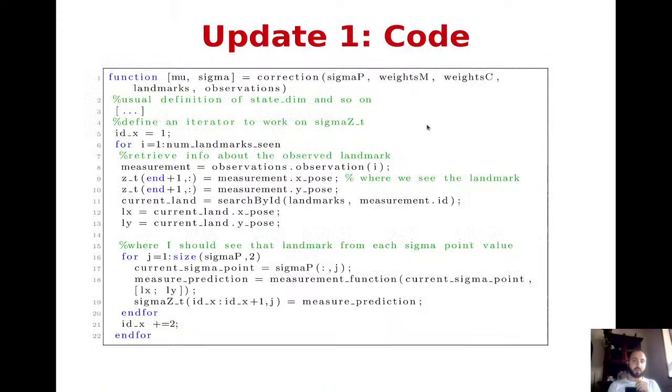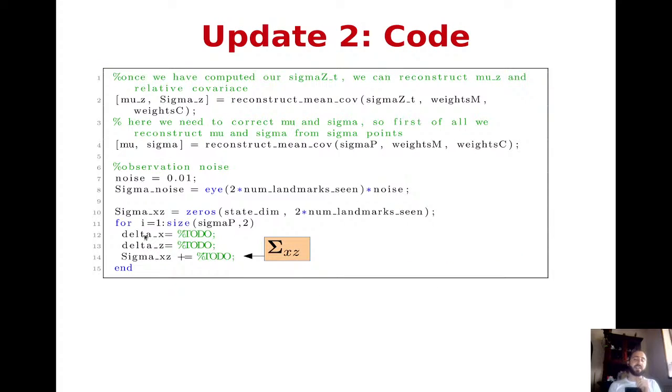Right? So I need, let's say, a delta x, meaning the value of the sigma points minus the mean, and the same for the z. So the value of the sigma points over the measurement minus the corresponding mean, and here I apply the reconstruction formula, okay, to get the cross correlation between state and measurement.